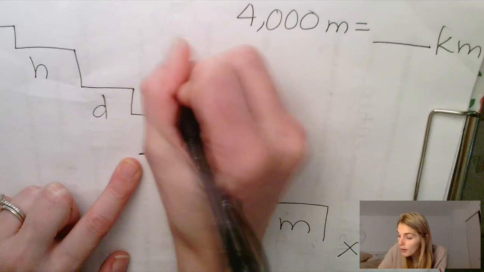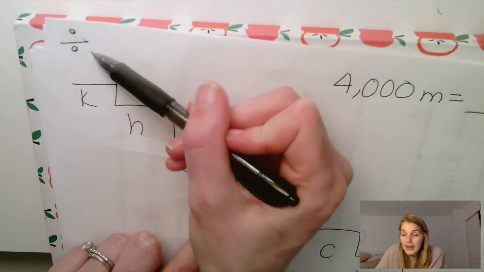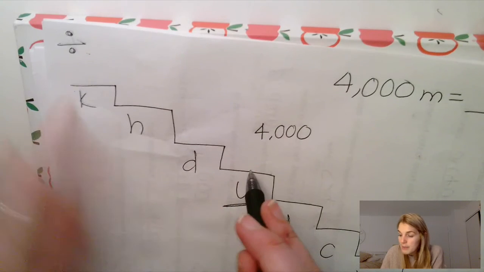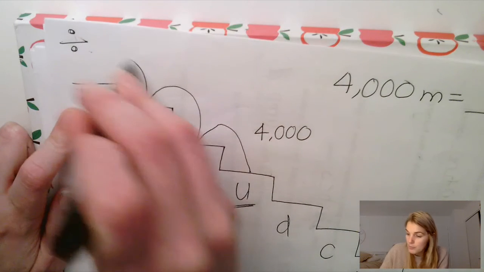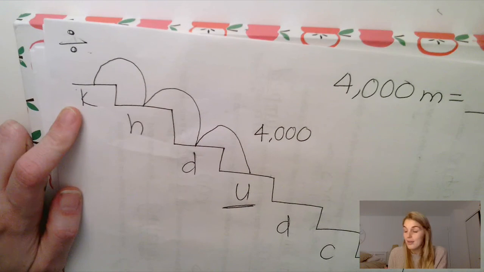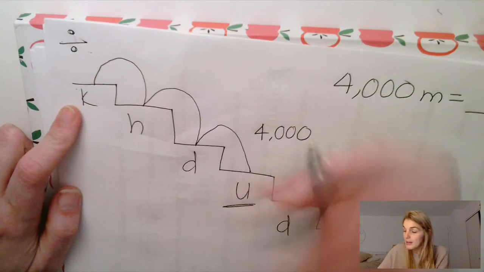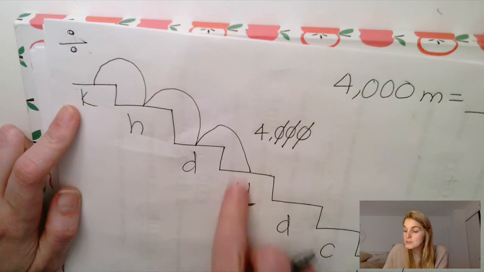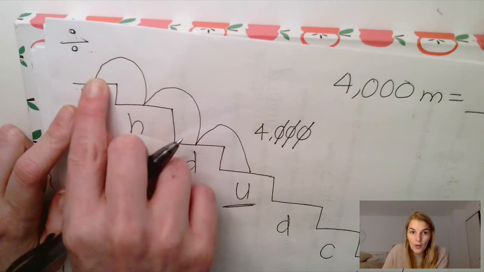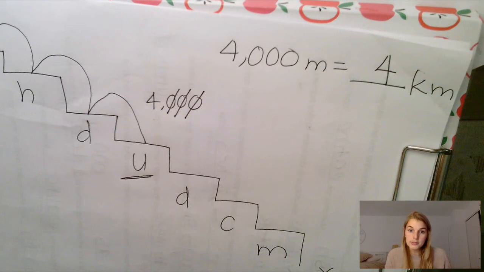So if we have 4,000 and we're dividing, let's see how many we need to divide by. We're going to kilometers. 1, 2, 3. Okay? That means that we need to get rid of, because we're dividing, 3 zeros. 1, 2, 3. Because we are dividing by 1,000. So what are we left with here? We are left with 4 kilometers.